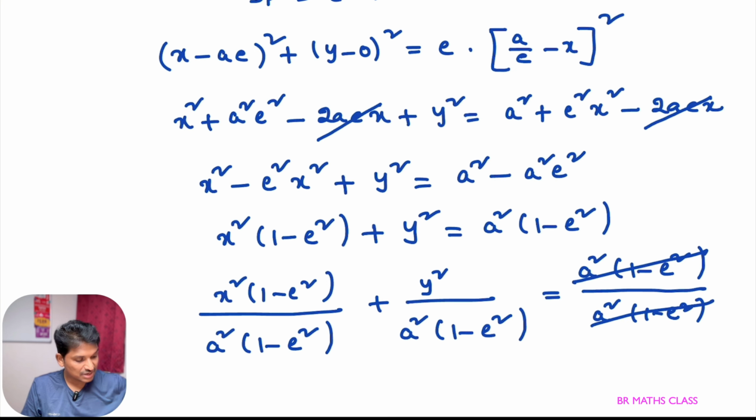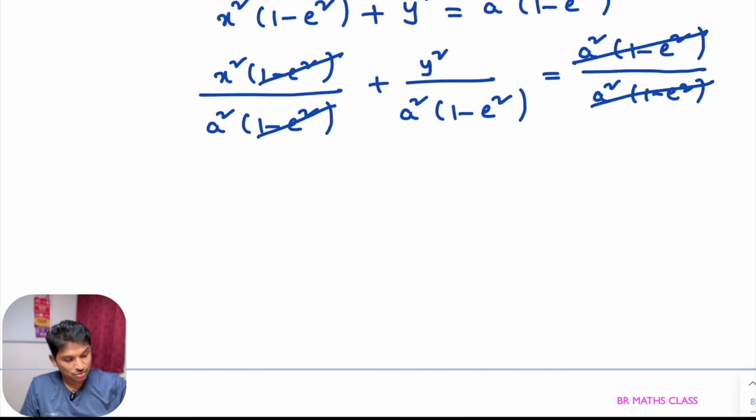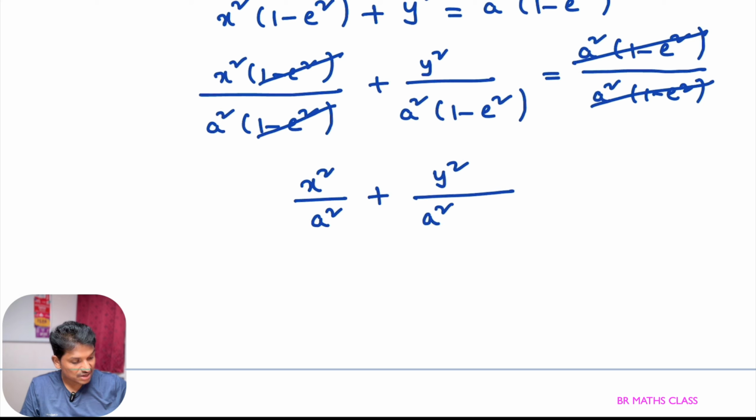You can observe these two will get cancelled, 1 minus e square will get cancelled. So what did you get here? You got x square divided by a square plus y square divided by a square into 1 minus e square equal to 1. You got like this.